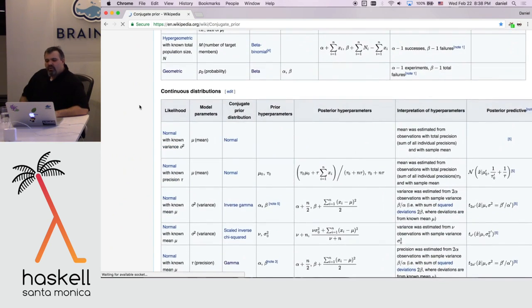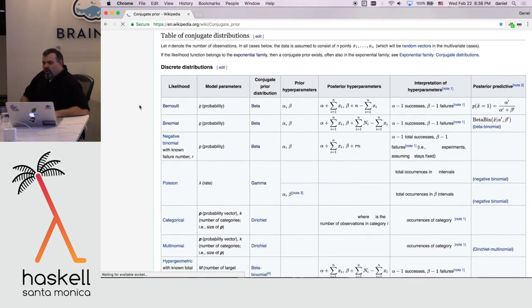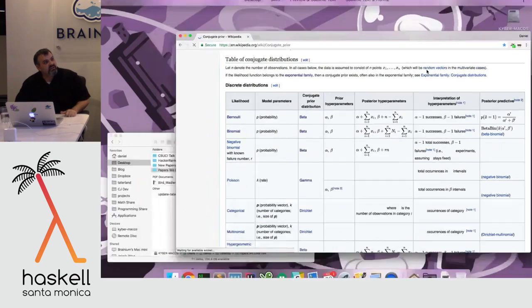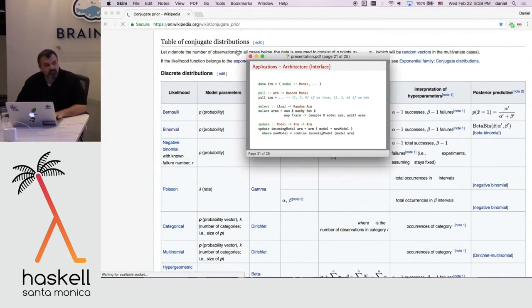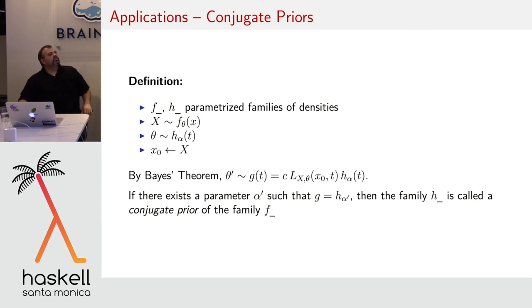So not all probability distributions are going to have conjugate priors. All of the exponential family, and I only know this because I just read it right here on Wikipedia, all of the exponential family have conjugate priors. But when we go to do Bayesian inference in general, what makes this problem tractable is the definition of conjugate priors, which I just skipped over, but now it's worth talking about. We have two families of densities.